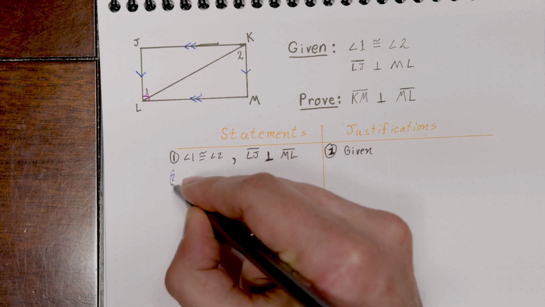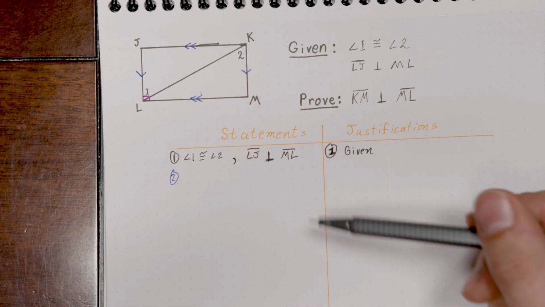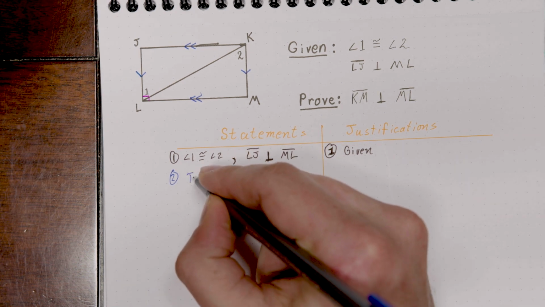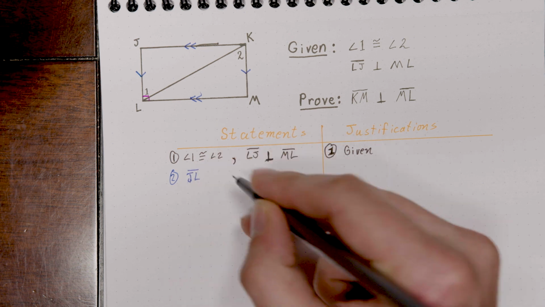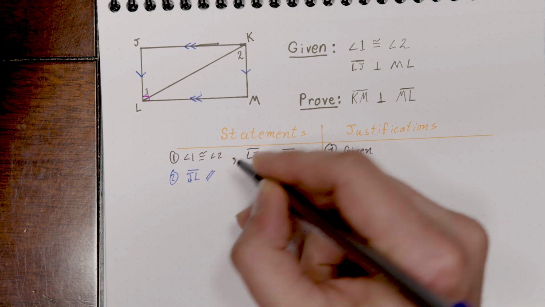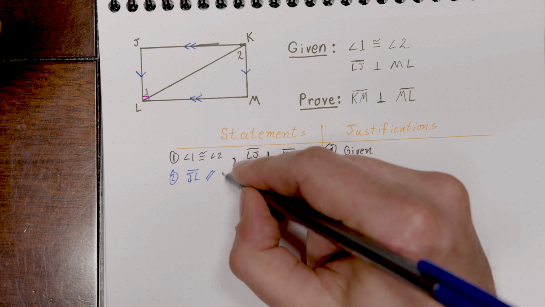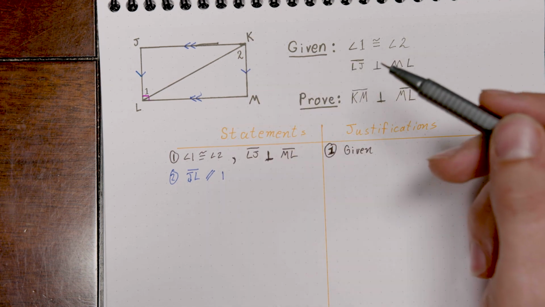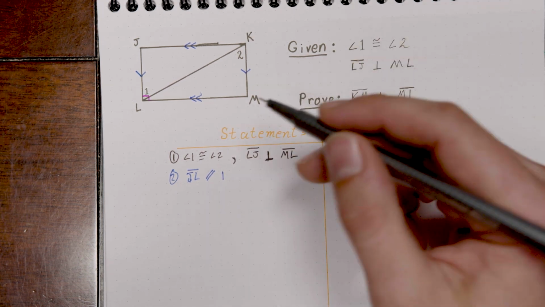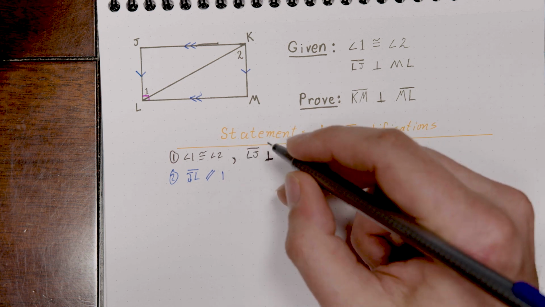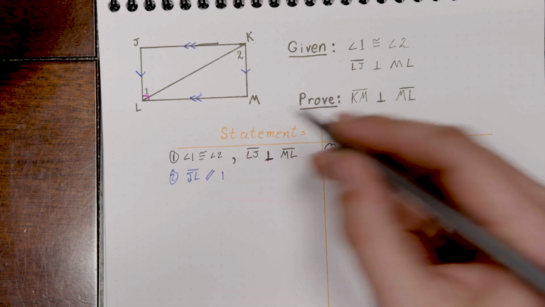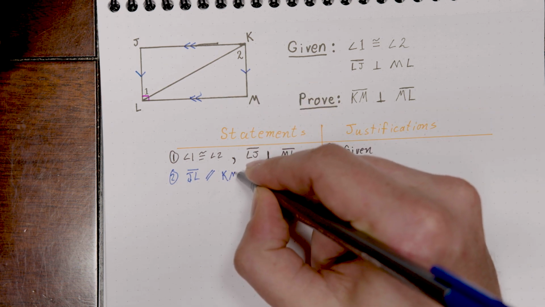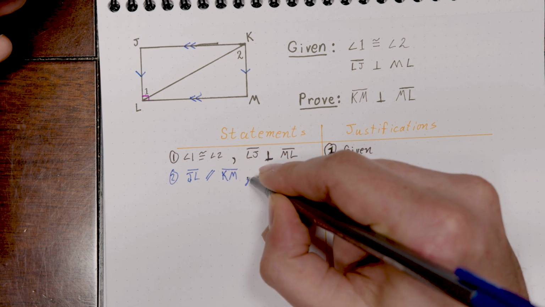As our step 2, we're going to use the same justification, so we're going to put both in the same step of this proof. We're going to say that segment JL is parallel to segment KM. And we're also going to throw in that JK is parallel to ML.